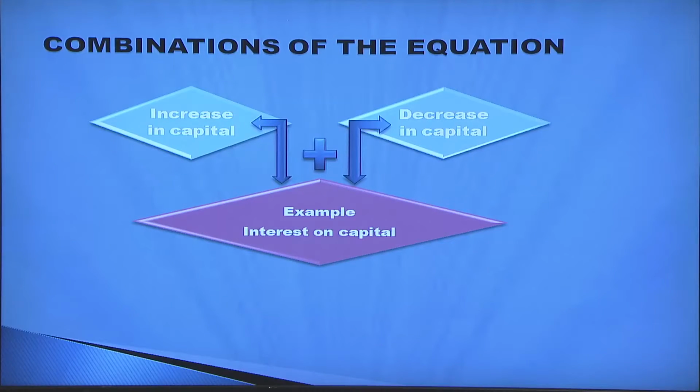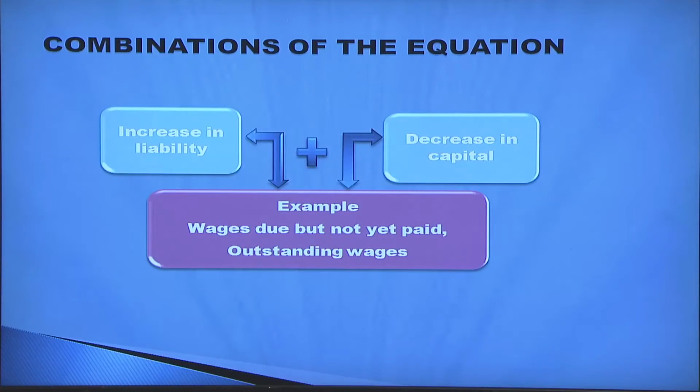Increase in capital and decrease in capital. In the capital column itself, you will add the same amount and you will deduct the same amount. Wages due but not paid or outstanding wages. Outstanding wages is a liability. So, there is increase in liability and decrease in the capital.